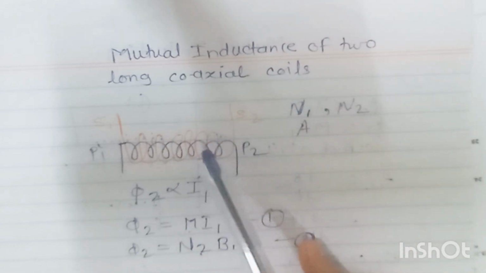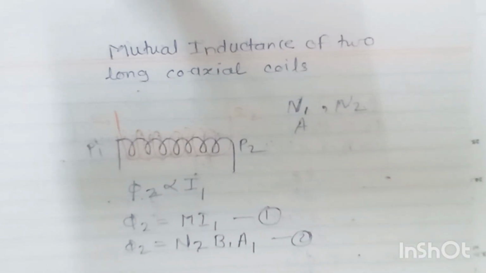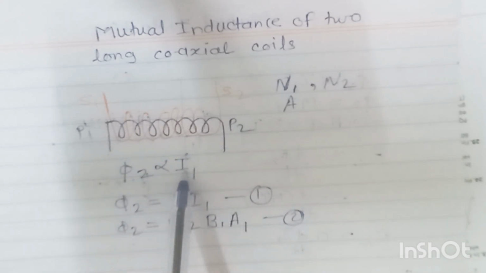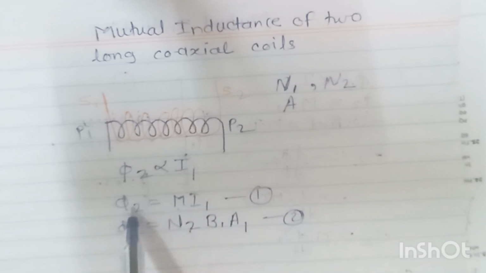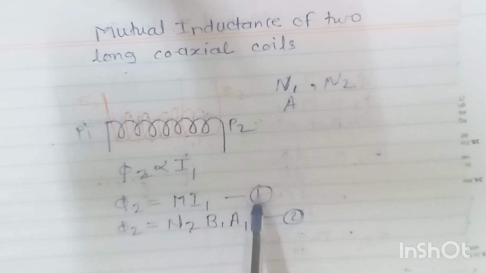The number of turns in the secondary is N2. We know that the flux generated in the secondary due to the primary coil, phi 2, is directly proportional to I1, and phi 2 is equal to M into I1. M is the coefficient of mutual inductance, and we take this as equation 1. We know that flux phi is equal to B A cos theta, but here we take cos 0, that is 1.